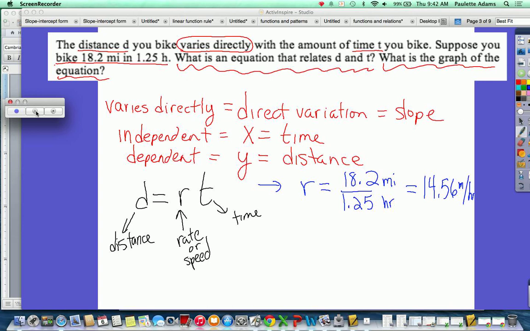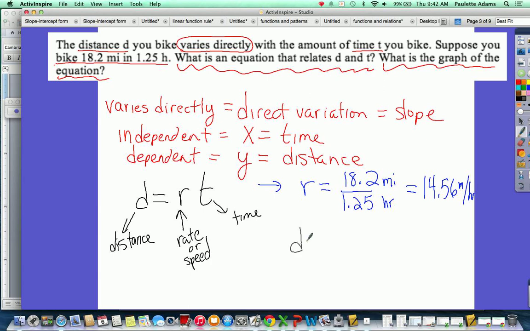So now we're going to use that for our formula. Distance equals 14.56 times T. That is your formula that relates D and T. Any questions there?